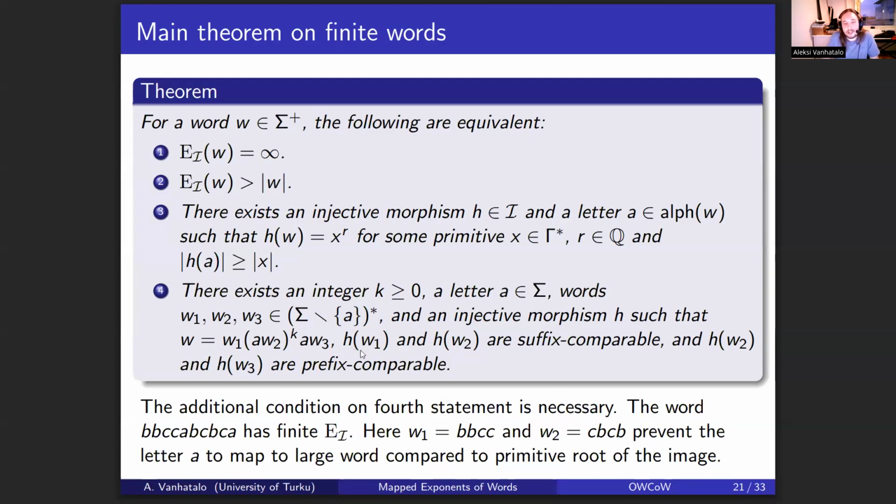So we have this weaker condition, but we don't actually know how weak it is, or how easy it is to have this condition, how this W1, W2, W3 relate with having some morphism that makes these suffix comparable and prefix comparable respectively.